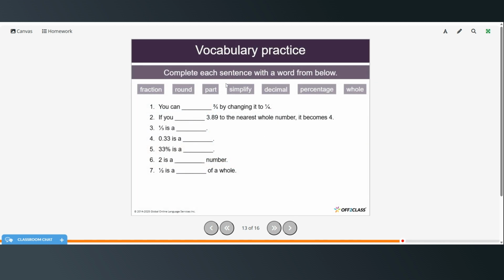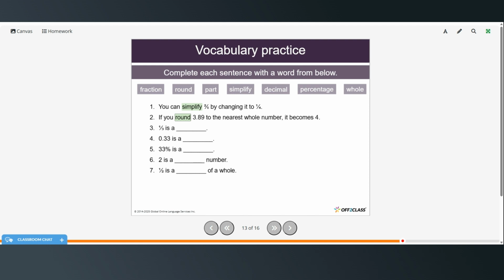All right, so now try to complete each sentence with one of the words from these boxes. Again, you can pause the video, try this on your own, and then restart when you're ready to check your answers. All right, so number one is you can simplify 2/8 by changing it to 1/4.